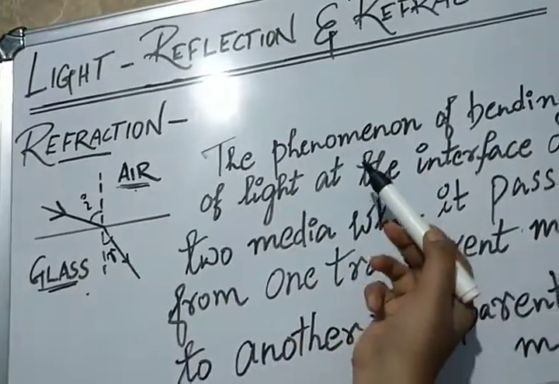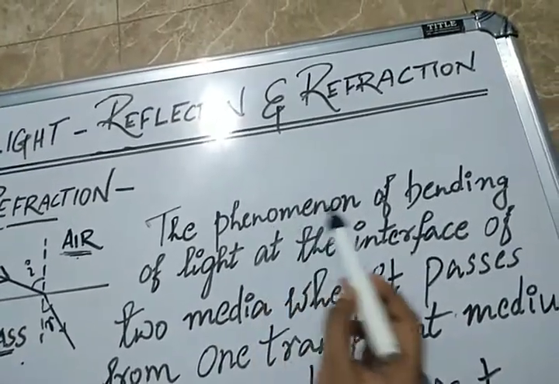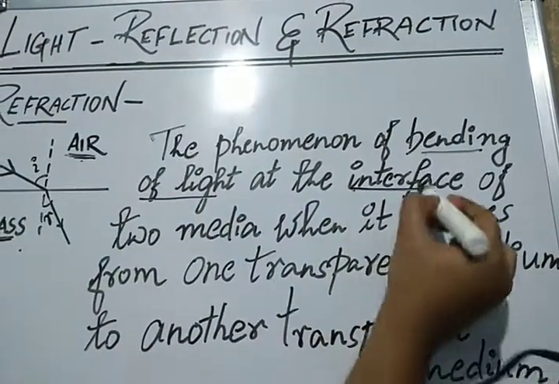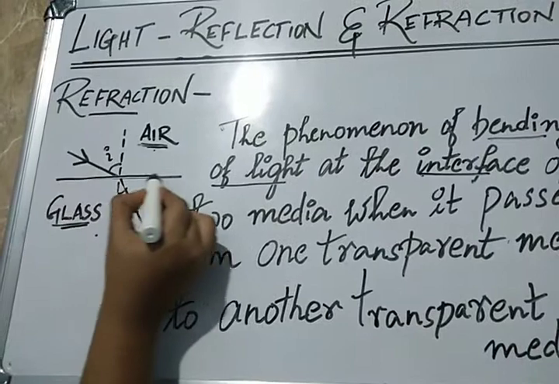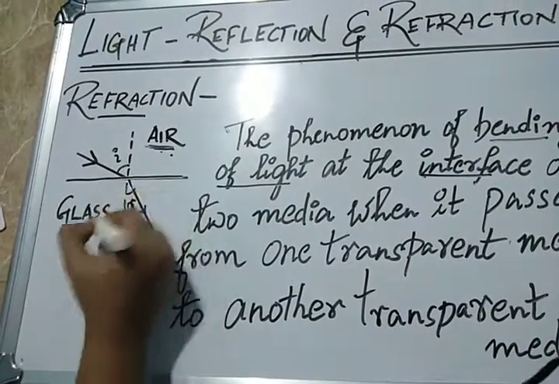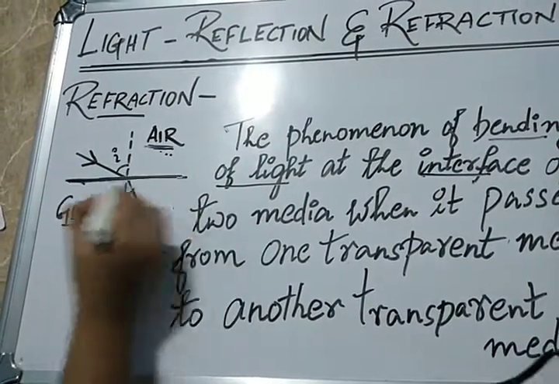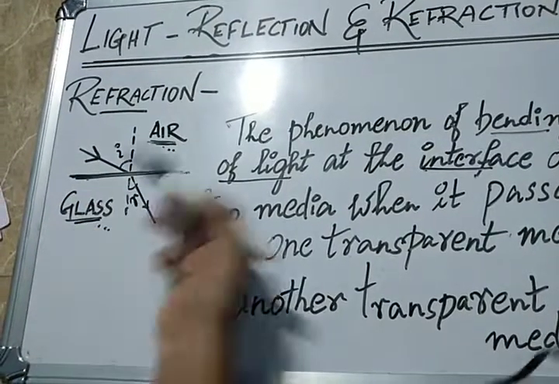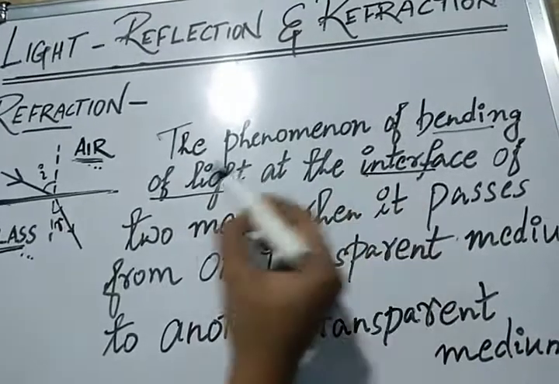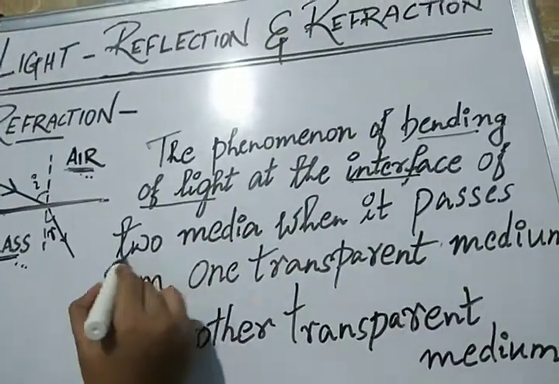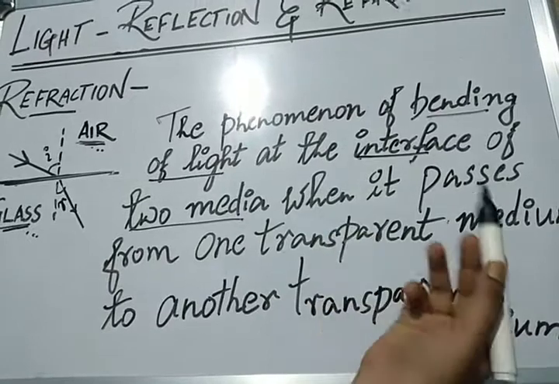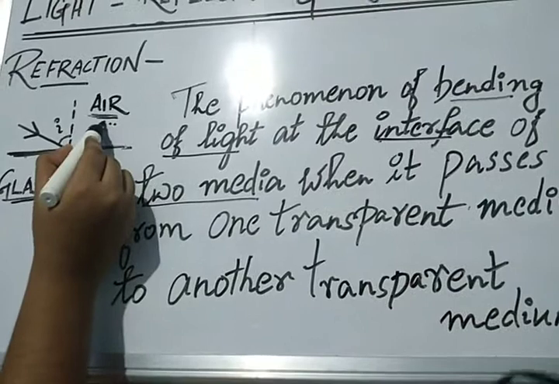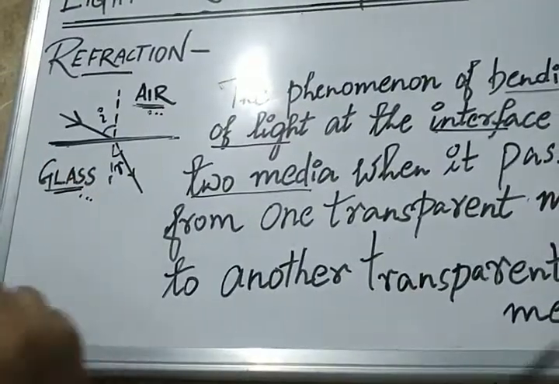So that is what I've defined over here. The phenomenon of bending of light at the interface. Interface means whatever is there between any two media, where light tends to bend. The phenomenon of bending of light at the interface of two media when it passes from one transparent medium to another transparent medium.